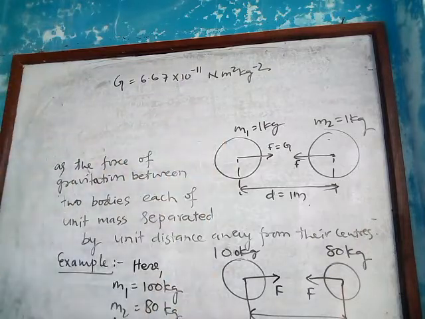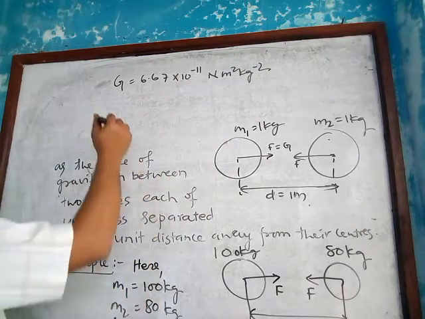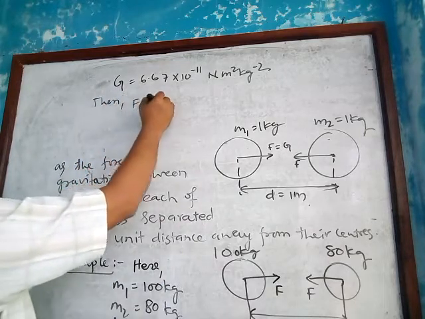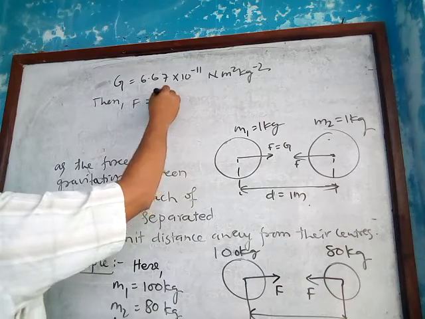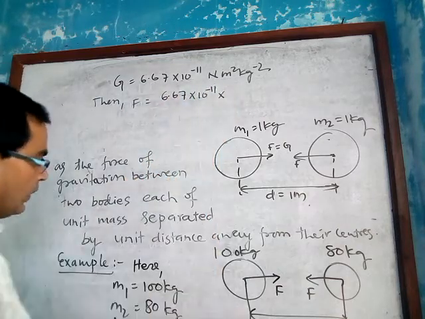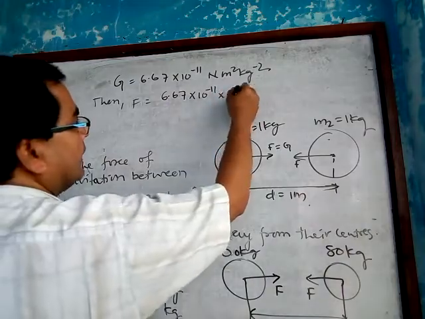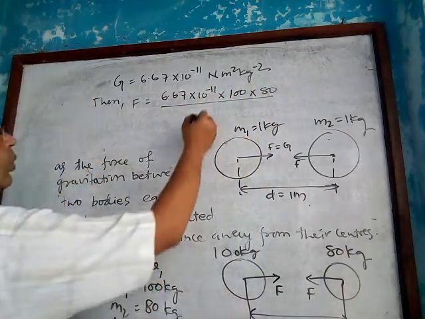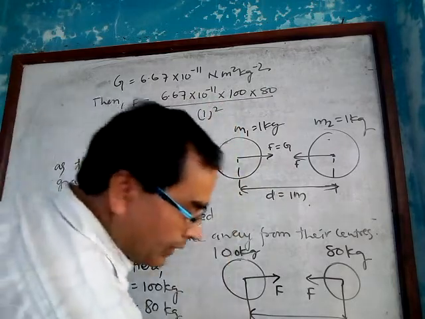Okay, then F equals 6.67 into 10 to the power minus 11 into 100 into 80 upon distance 1 to the whole square.